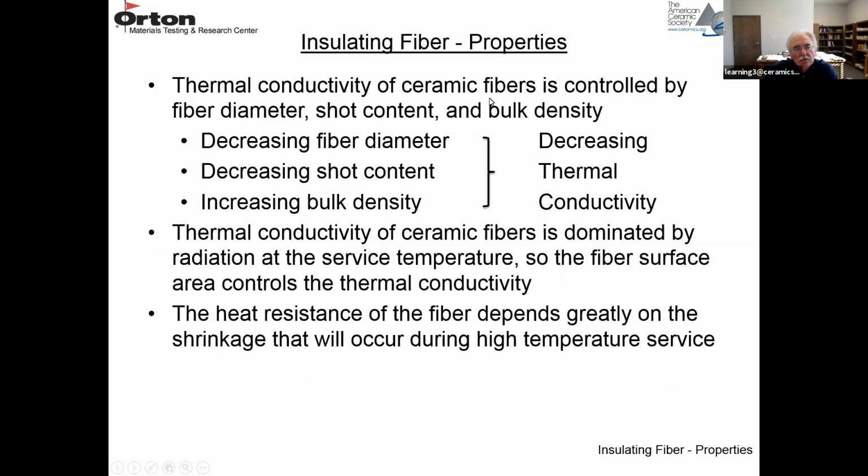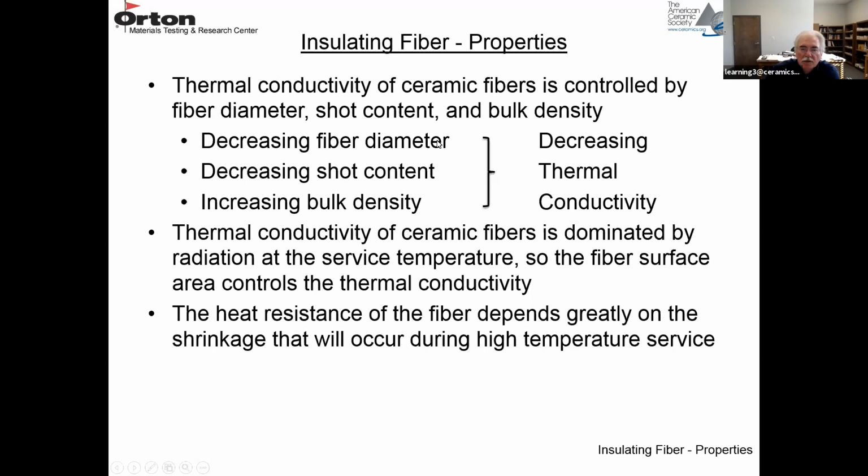The thermal conductivity is the property you're looking at for making it an insulating material. The conductivity of the fibers is controlled by the diameter, the shot content, and the bulk density. As you decrease the fiber diameter, you decrease the solid state or phonon conductivity.